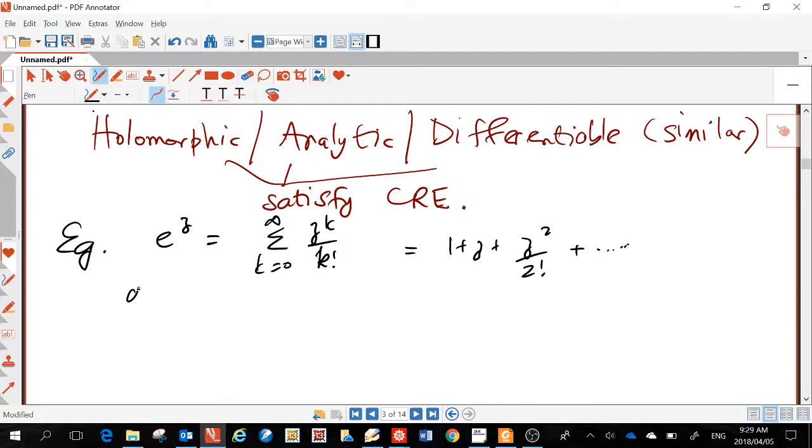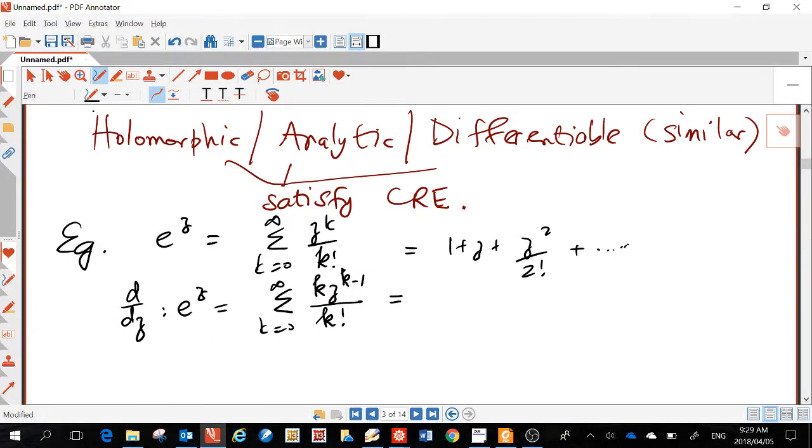If I take the first derivative, d dz, I differentiate first, I will get the derivative of e to the z, which is e to the z. Differentiate z to the k. I can differentiate it inside the sigma. It'll be kz to the k minus 1, like a normal derivative, because I can do it term by term. So this will be sigma kz to the k minus 1 over k factorial, k equals 0 to infinity.